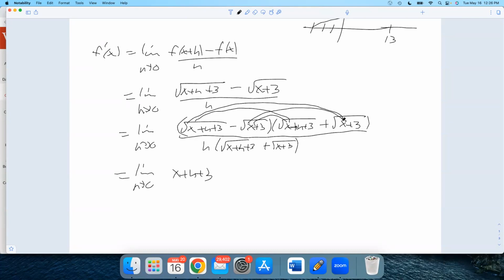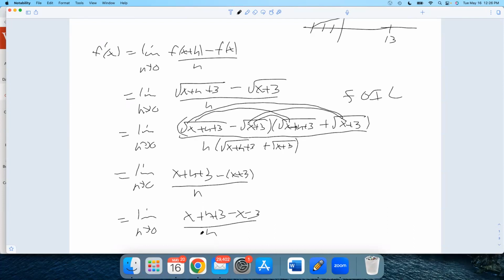And then the last. Remember, we're doing FOIL. Last, square root of junk times square root of junk is just junk, but I've got a negative times a positive, so I'm going to have a negative x plus 3. And that's all over h. And I distribute that negative. So I have x plus h plus 3 minus x minus 3 all over h times, oh, I knew something didn't look right. I forgot to write all this stuff down here.